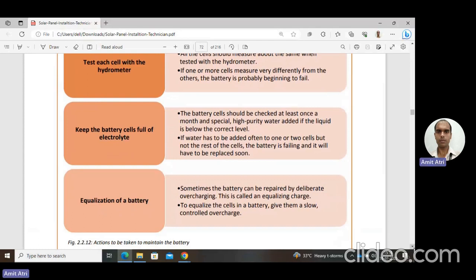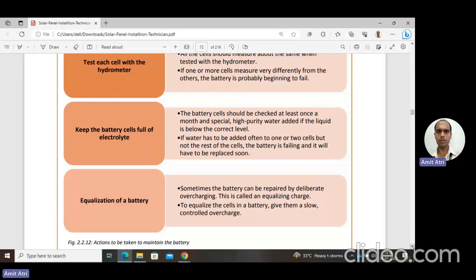The battery cells should be checked at least once a month, and special high purity water should be added if the electrolyte or water level is low. If water has to be added often to one or two cells but not to the rest, then it is an indication that the battery is failing. We need to replace it.